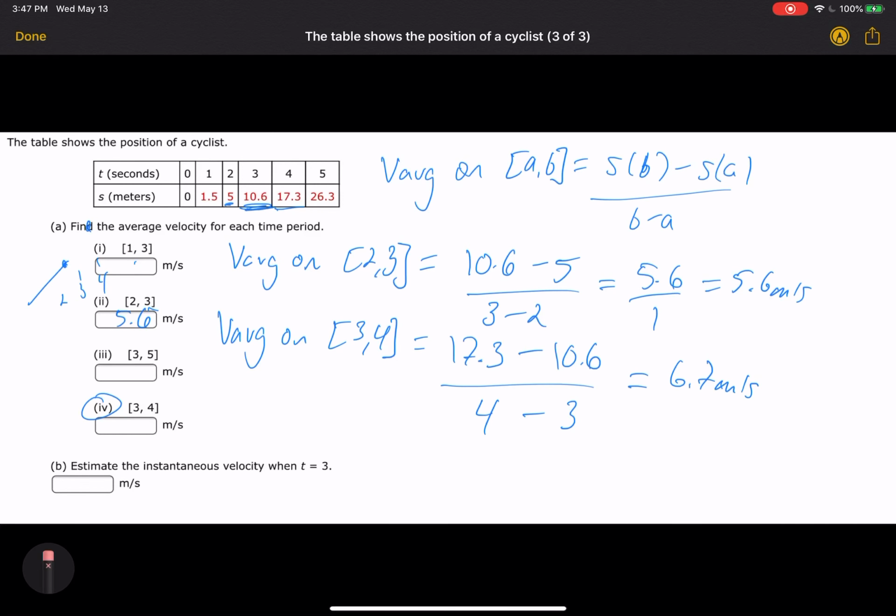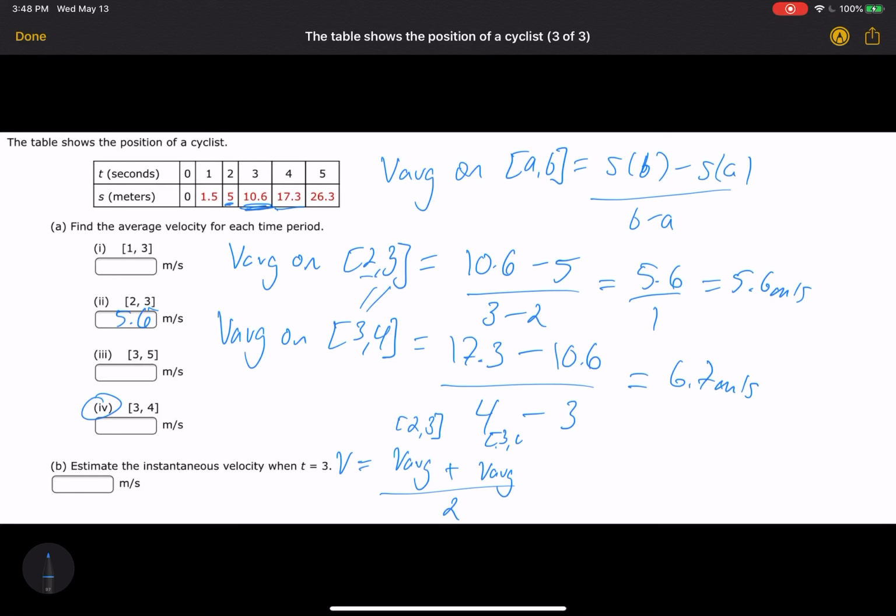All right, so ignore all that stuff. So basically what we're doing here to find t equals 3, you should know that 3 is the midpoint of 2, 3, and 3, 4, or the common point, I guess you could say. So this right here will be equal to V average on [2, 3] plus V average on [3, 4], divided by 2.